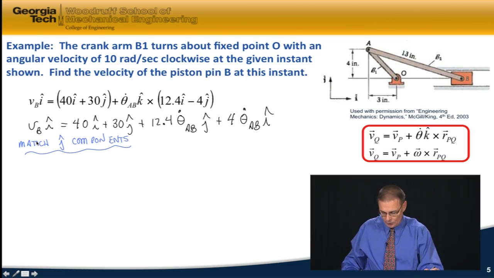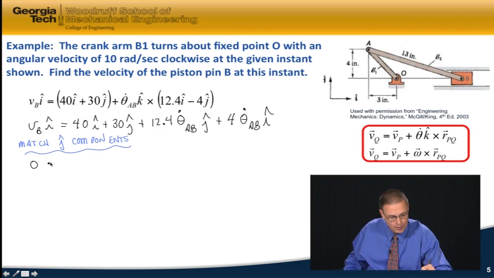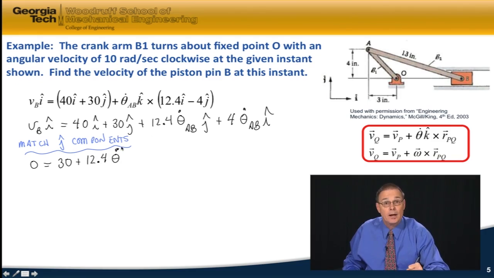On the left-hand side of the equation, I don't have any J components, so that's 0. Equals, on the right-hand side, I've got 30 plus 12.4 times theta dot AB.